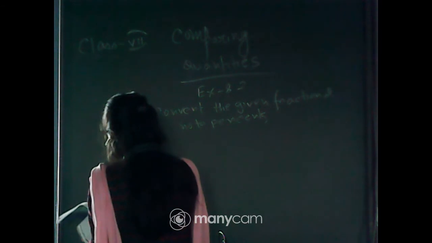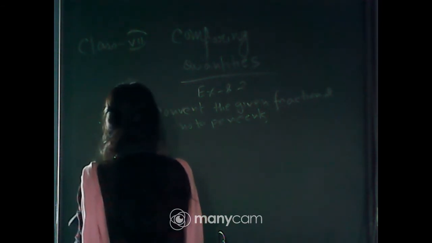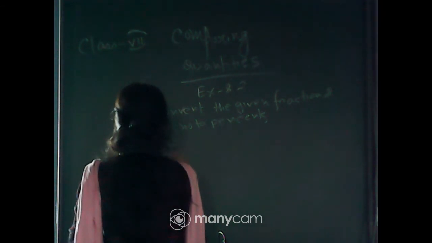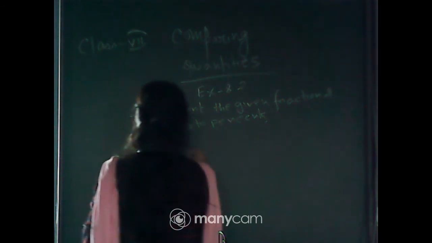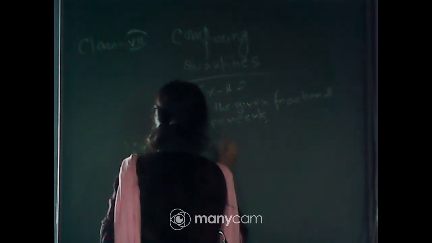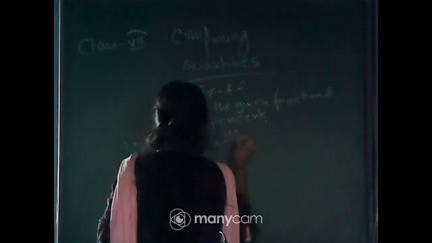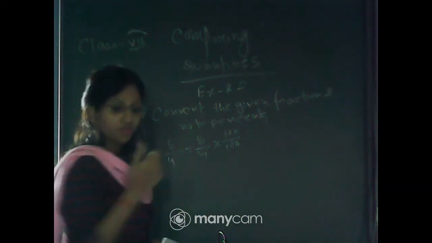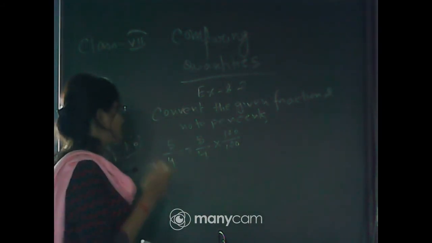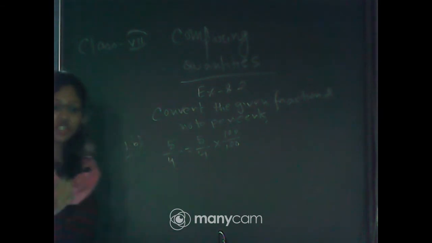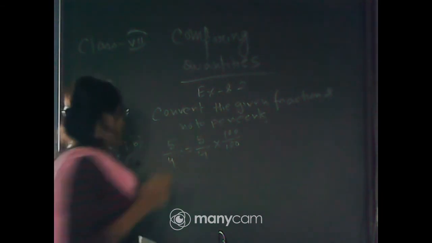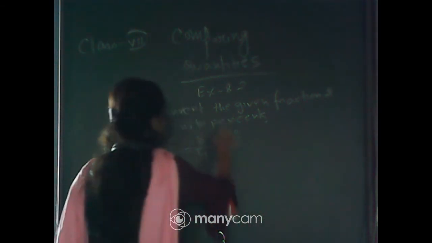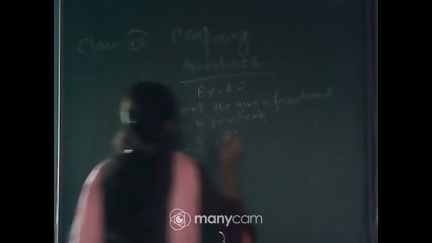Question 1b, 5 by 4, is equal to 5 by 4 into 100 by 100. If we multiply both the numerator and the denominator by the same quantity, the ratio will be the same. Therefore, we multiply both the numerator and the denominator by 100.